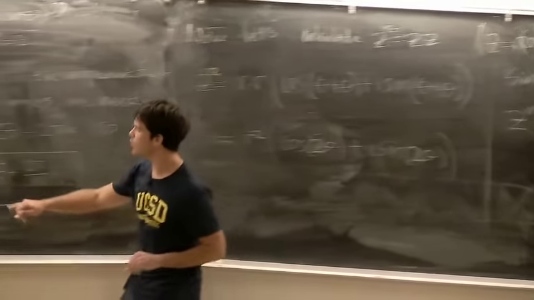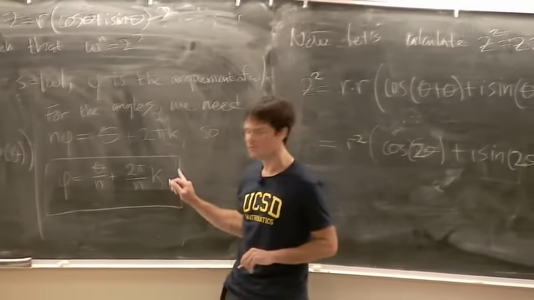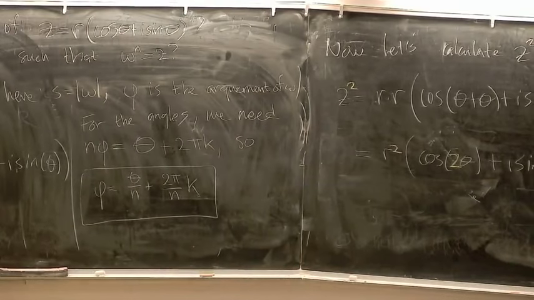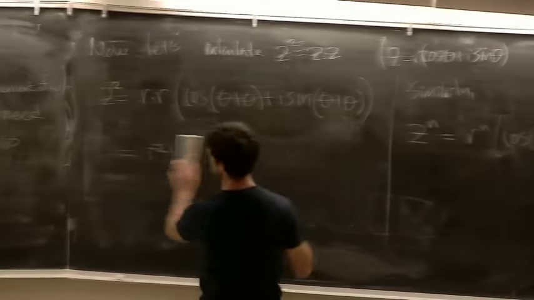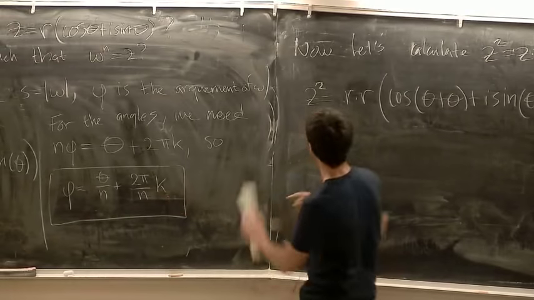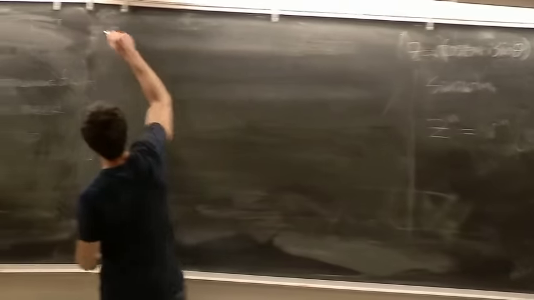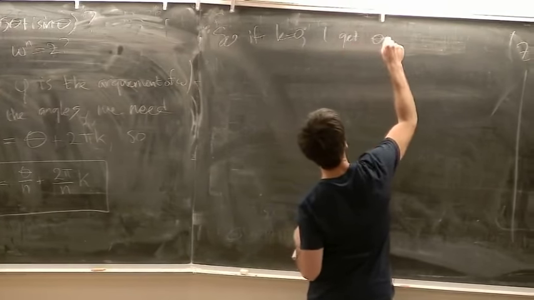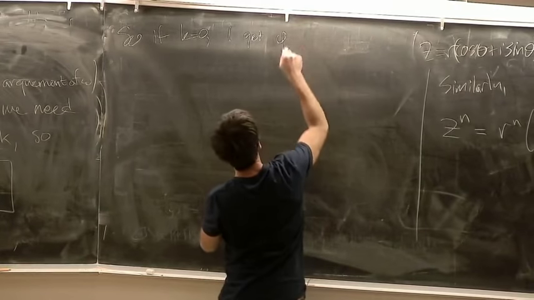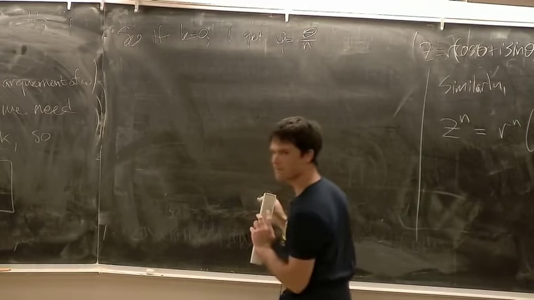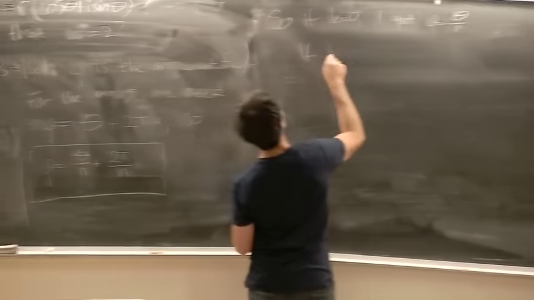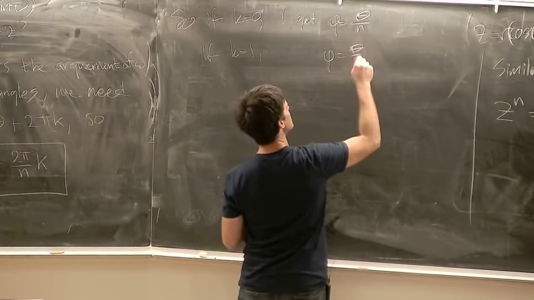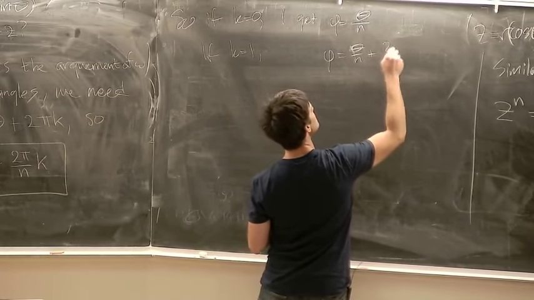So I didn't just get one angle. I actually got a variety of different angles. You can see I'm going to get different angles depending on what the integer k is. If k is 0, I get phi equals theta over n. If k is 1, then phi is theta over n plus 2 pi over n.